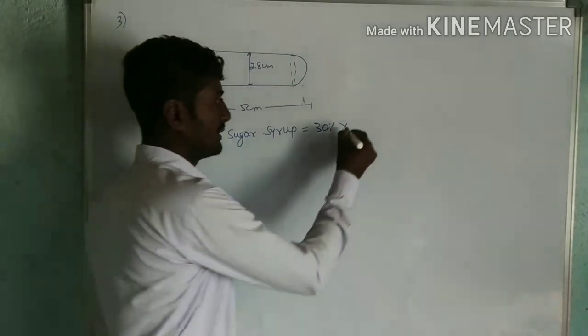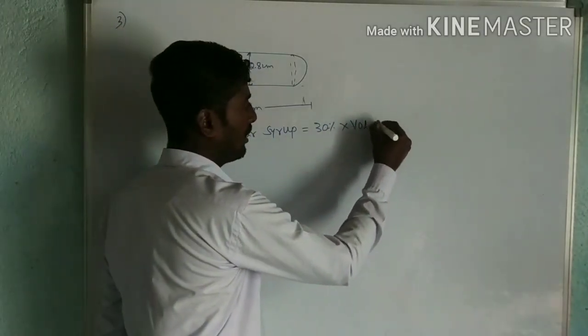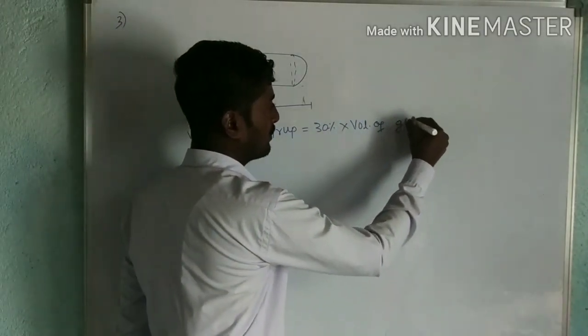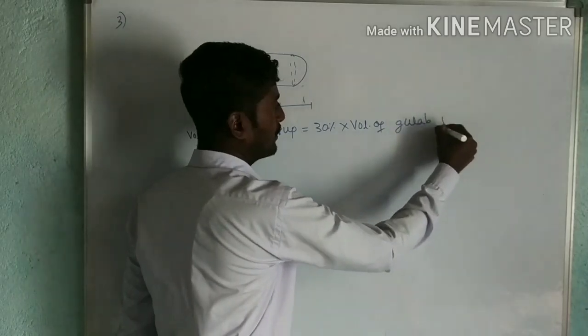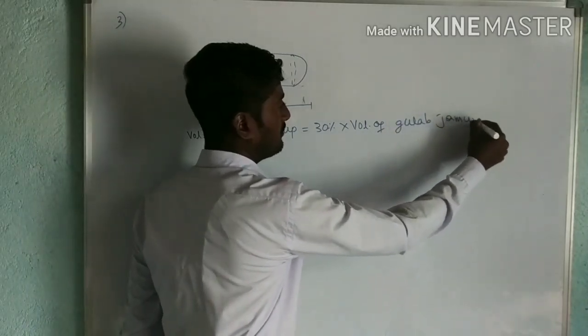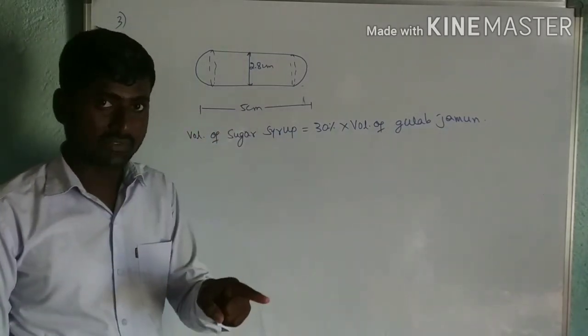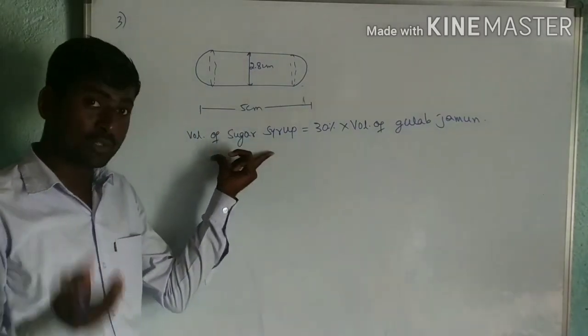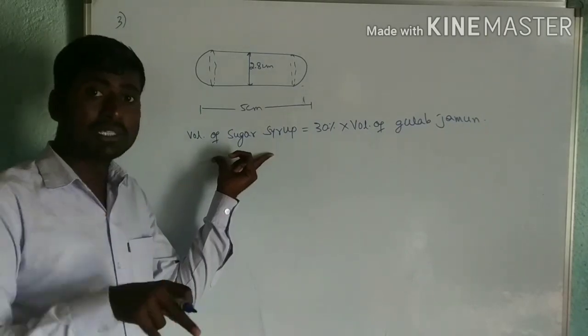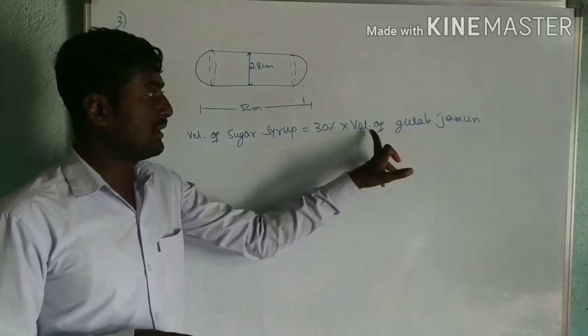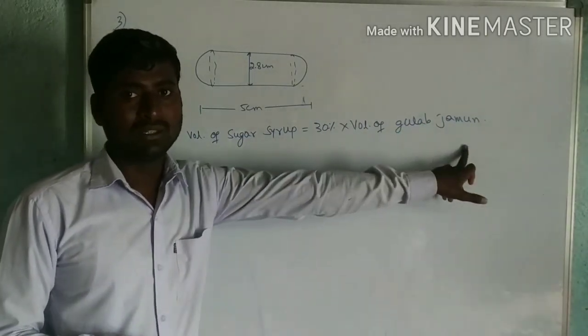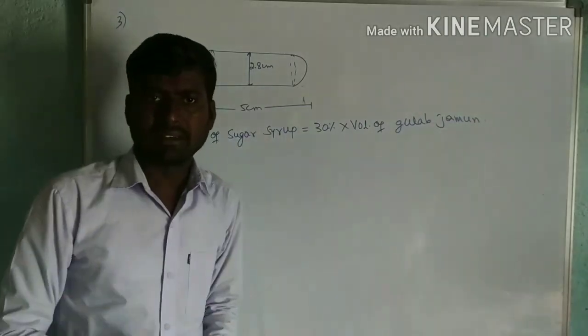So in a gulab jamun, the volume of sugar syrup will be 30% of the volume of the gulab jamun. The remaining 70% is empty.